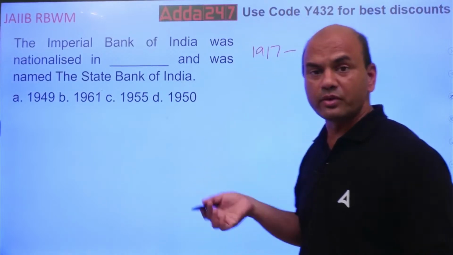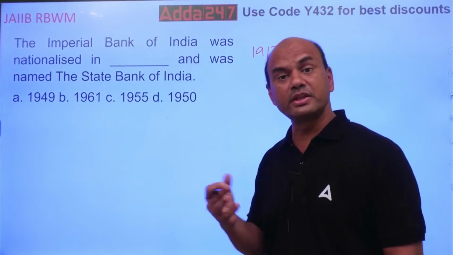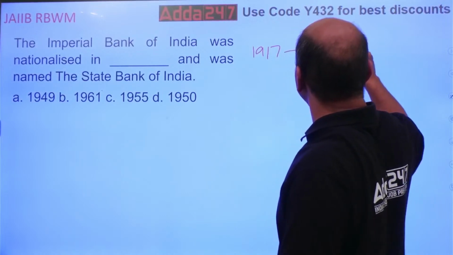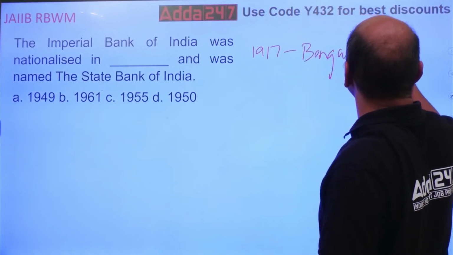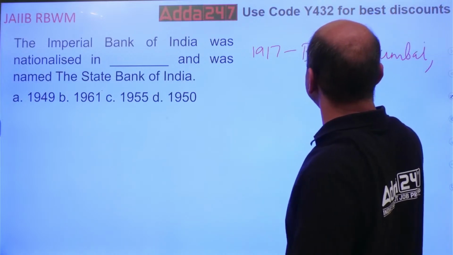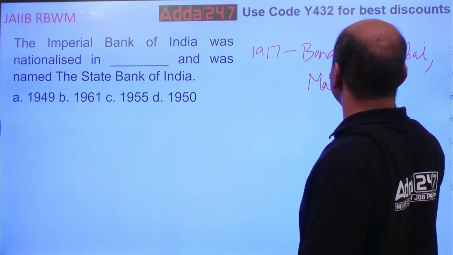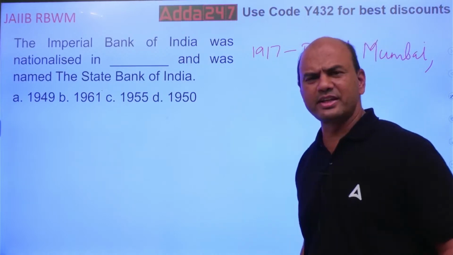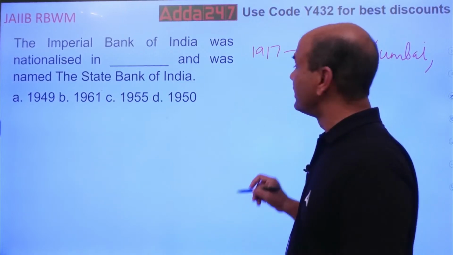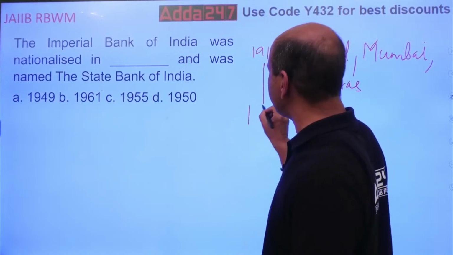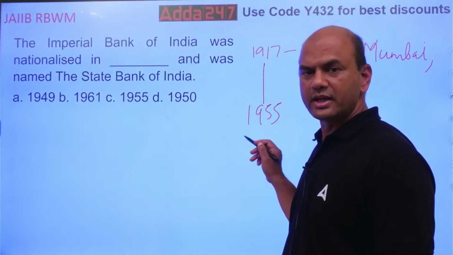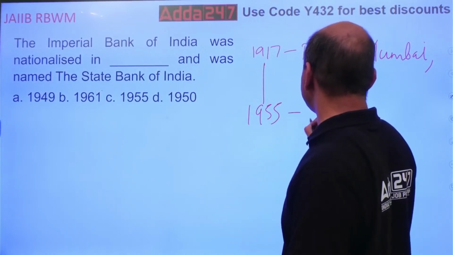Three banks were combined: Bank of Bengal, Bombay, and Madras. These 3 banks were combined to form the Imperial Bank in 1917, or maybe 1918. Then in 1955, after independence, this bank was named as SBI.